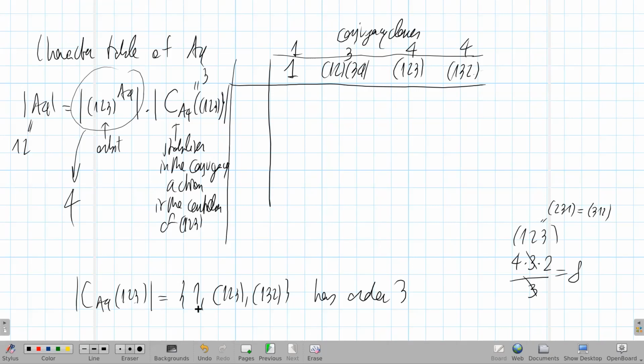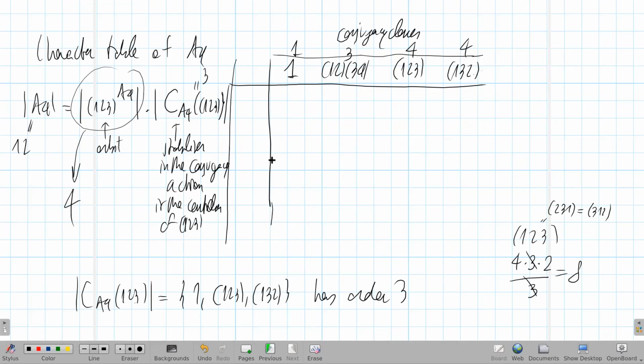And this is exactly the case. The centralizer of (1 2 3) contains only even elements, and so the class of (1 2 3), which is a unique class in S4, splits in two here. But we have computed the centralizer and seen what happens, okay? Fine. So there are 4 classes, and so there have to be 4 characters.